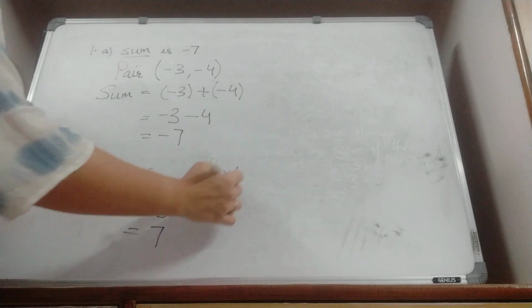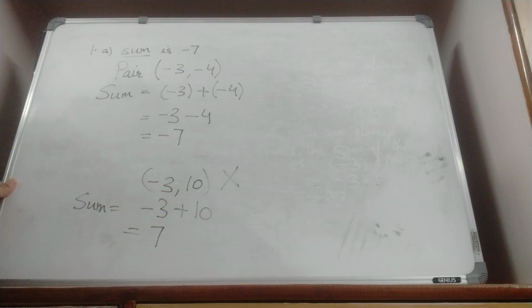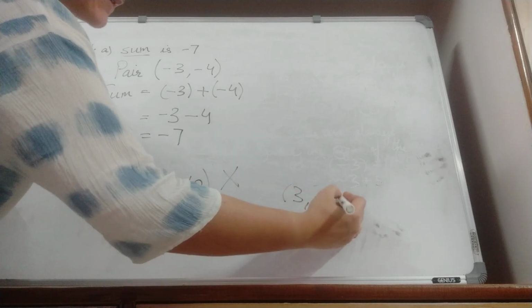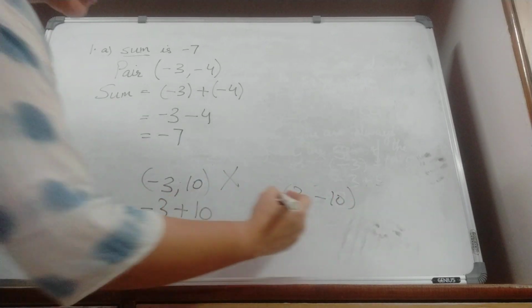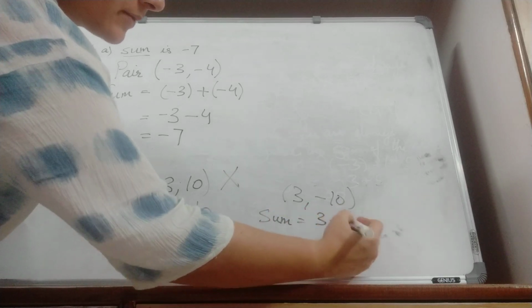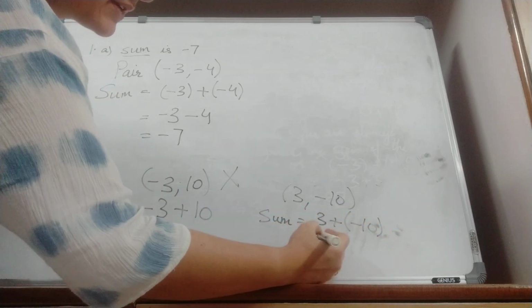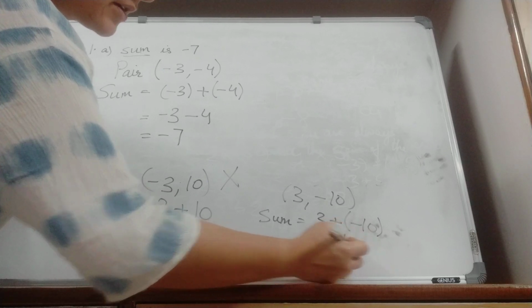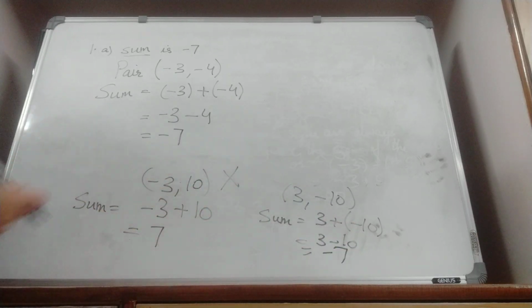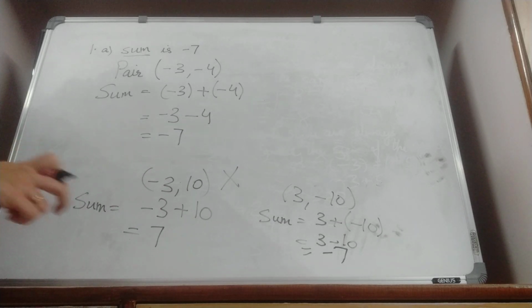So this pair, if you write, it will be wrong. Instead, if you write 3 and minus 10, let's see what happens. Sum is going to be 3 plus minus 10, which is 3 minus 10, which is minus 7. So this pair is right and this pair is wrong.